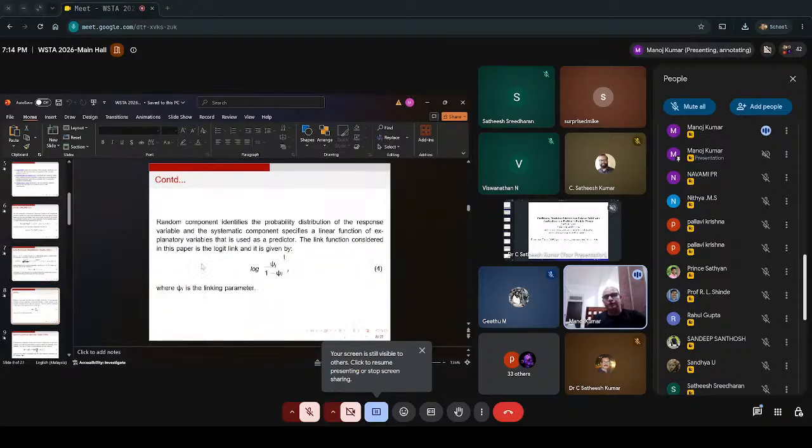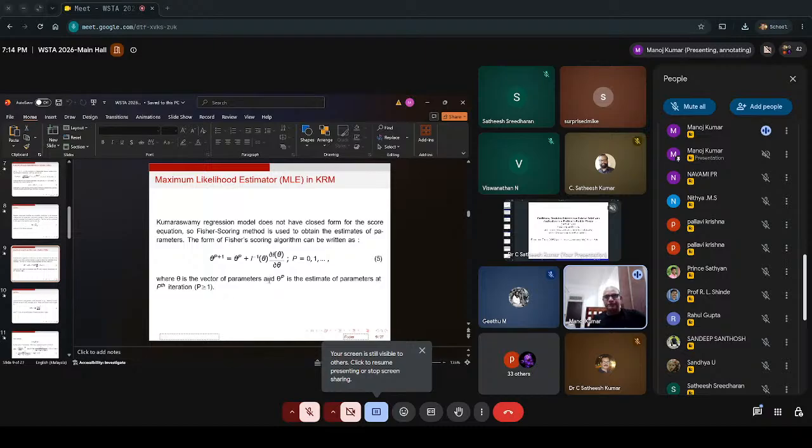Then we go with a random component that identifies the probability distribution of a random variable, with the systematic component specified as a linear function of the explanatory variables, which will be used as the predictor. So the link function will be the log of psi i divided by 1 minus psi i, where psi i is the linking parameter. We will be using this in order to convert that into the case of a two-parameter estimator to work on our problem.